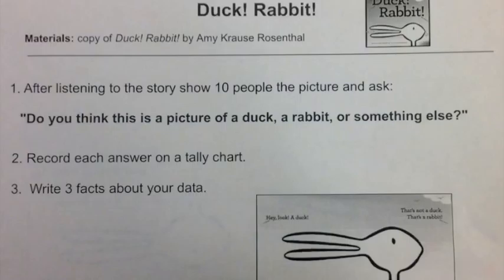So once you've collected your students' information on if they think this is a duck, if they think this is a rabbit, or if they think that it's something other than those two, you can have your students help you write sentences where they are telling you facts from their data chart.